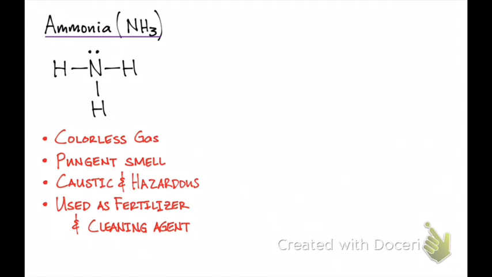It has a really pungent smell. It's considered caustic and hazardous, and it's usually used as fertilizer and cleaning agent. If you're in an organic chemistry lab, you use ammonia as a solvent.